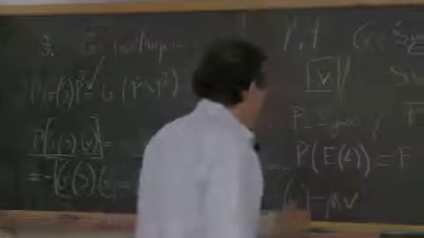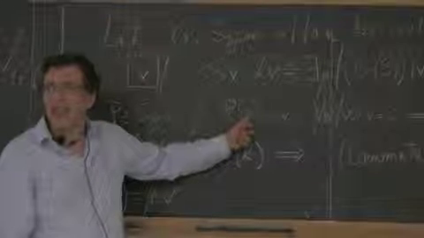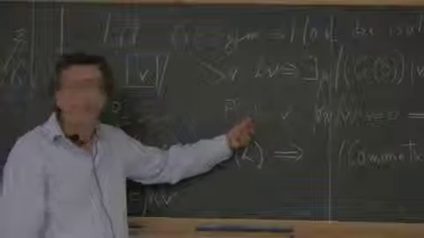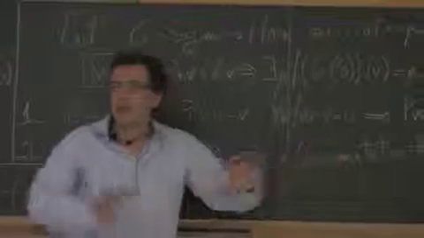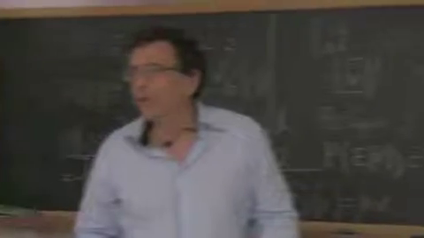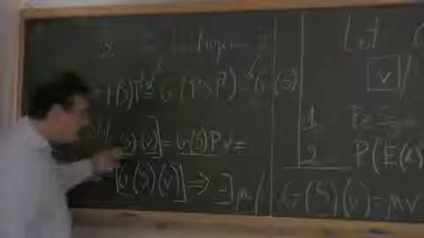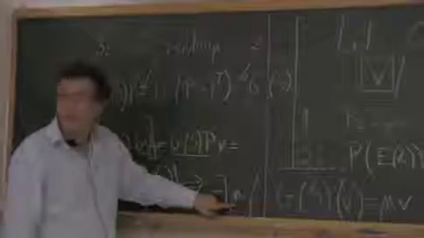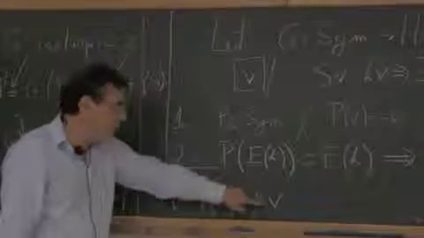You have built P in such a way that it is changing the sign to every vector parallel to V, and it is leaving unchanged every vector orthogonal to V. So we must conclude that you have a mu such that GSV is equal mu V.